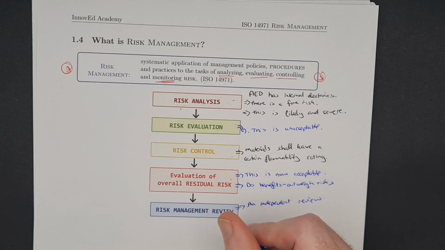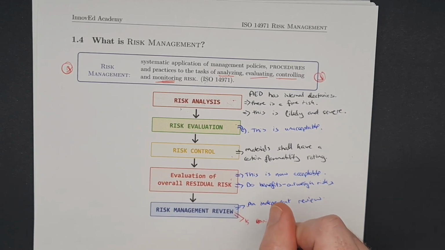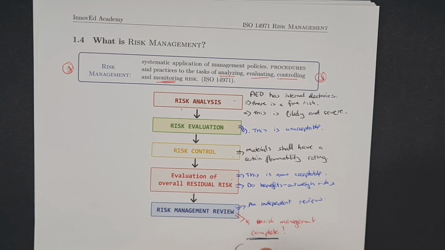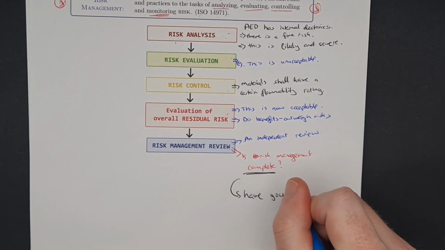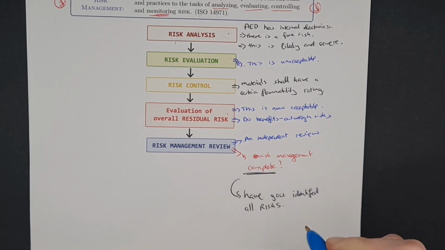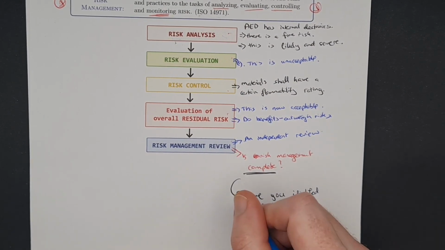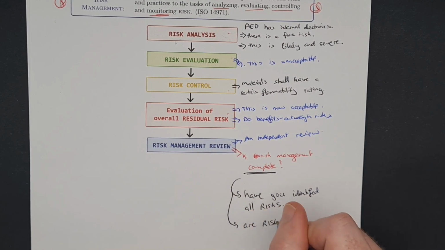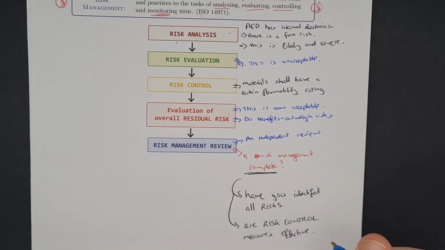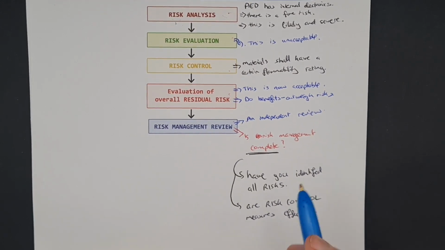The other thing that we really want to ask ourselves here is, is risk management complete? There are two big parts to that. Have you identified all the risks, or I could say all the hazards? And are our risk control measures effective? Generally, our evidence that risk control measures are effective is going to be testing.